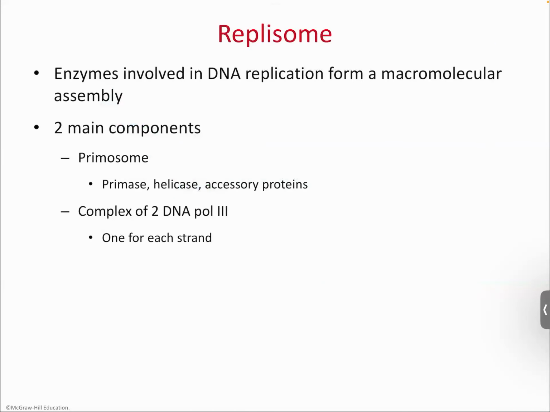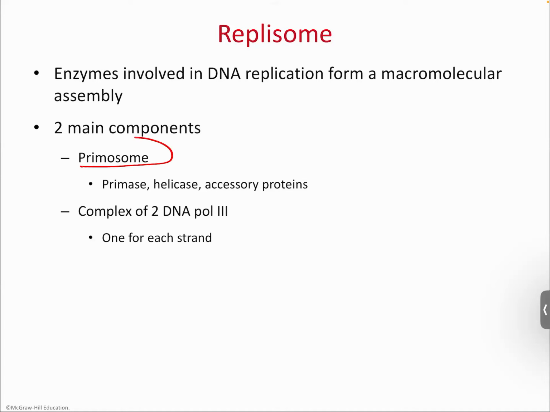So in the replisome, by the way, anytime you see a word like that, usually what we're referring to is a big complex. And for simplicity's sake, we're referring to the complex in a general sense. We're not looking at all the different proteins that are involved in there. Okay. So in the replisome, we have a couple of things, right?